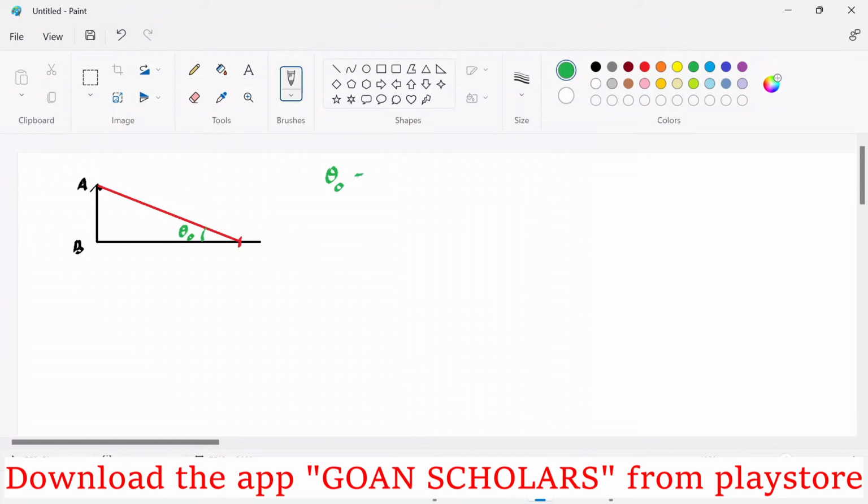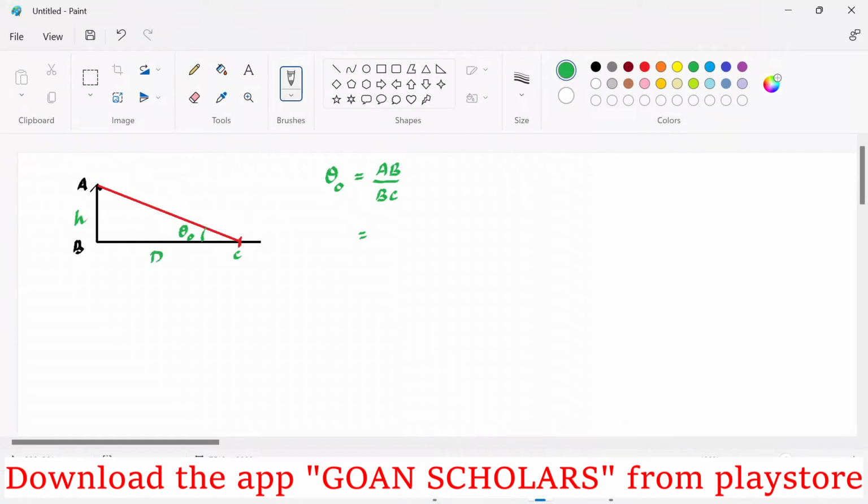We define it as theta naught, and if you remember the approximation for tan theta, it's perpendicular over base. So theta naught equals AB upon the horizontal distance BC. Now, when will you see this object clearly with your eyes?